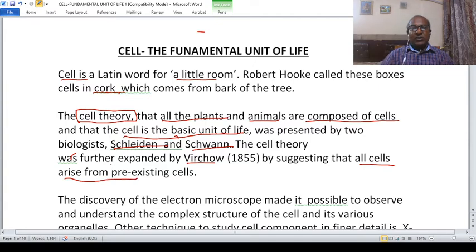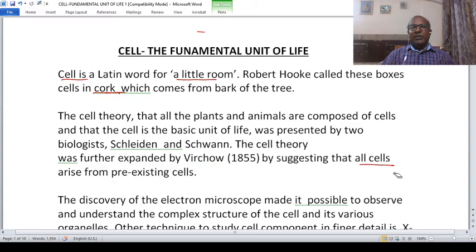So the two main points are: first, all organisms are made up of cells, and the cell is the basic unit of life. And second, cells arise from pre-existing cells. These are the two basics.